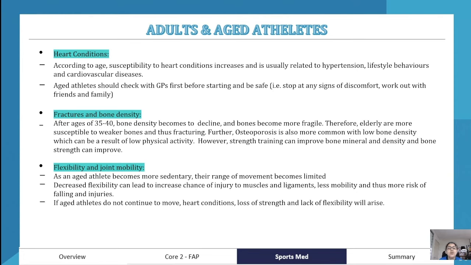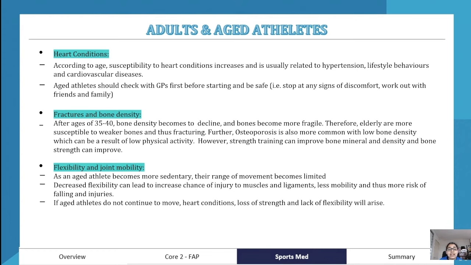If you have a sedentary lifestyle, your range of movement becomes limited, and decreased flexibility can lead to more injury of muscles and ligaments, and also of course less mobility, and there is more risk of, like we said earlier, falling and injuries.